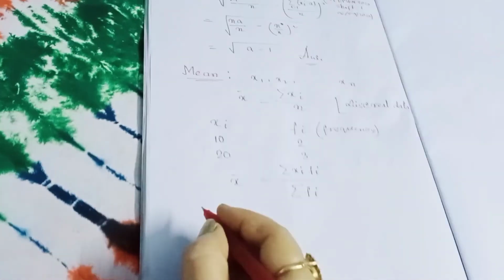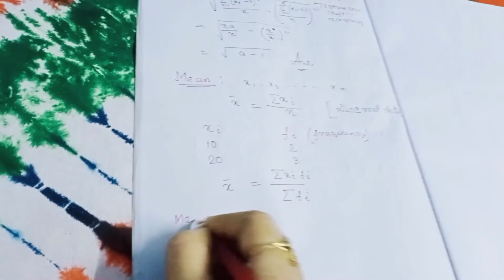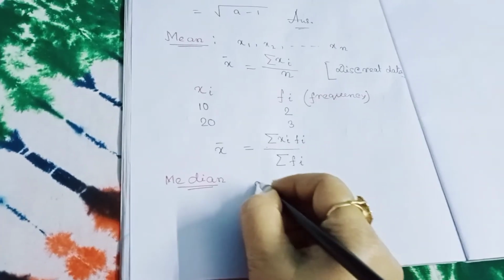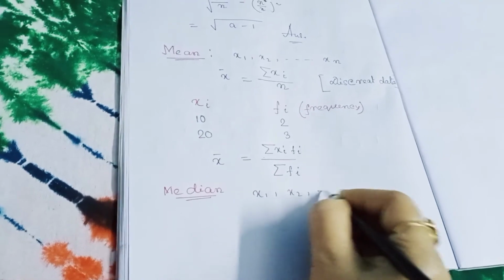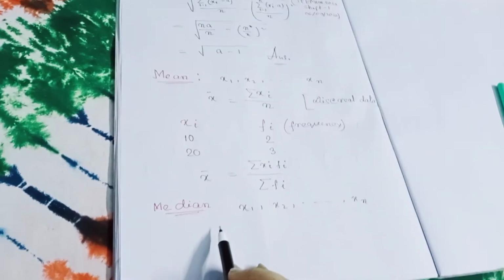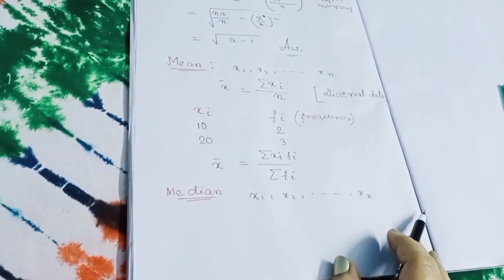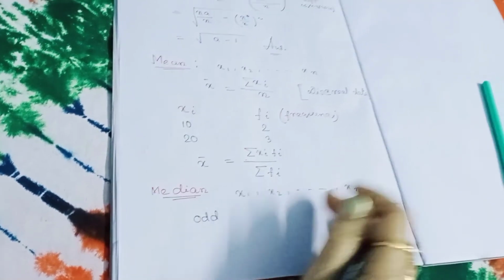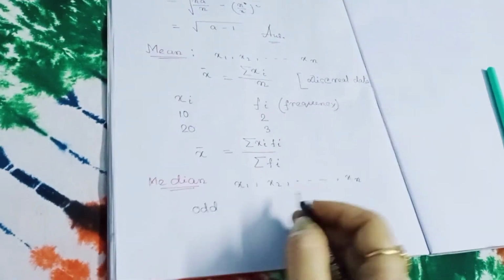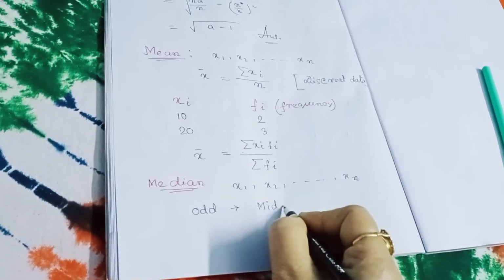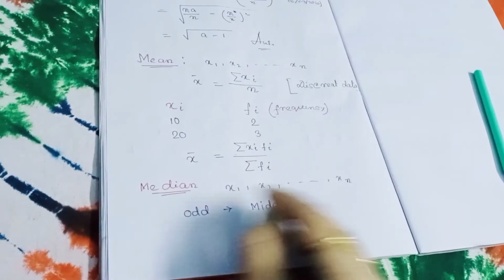Now move on to another term, that is median. What is median? Let's study. Suppose x1, x2, dot dot dot xn are the total observations, arranged in ascending order. If the series contains an odd number of terms, then the middle one is a single term, and this is called the median.